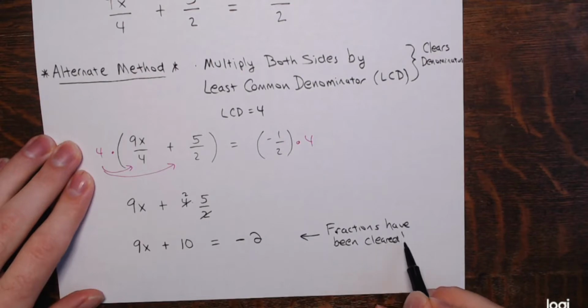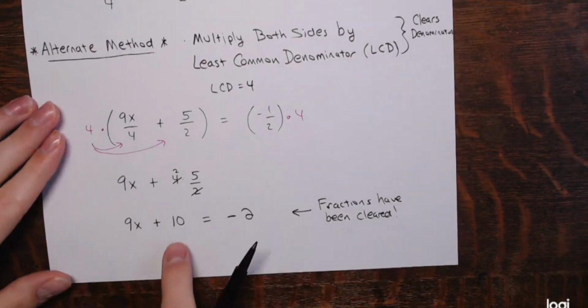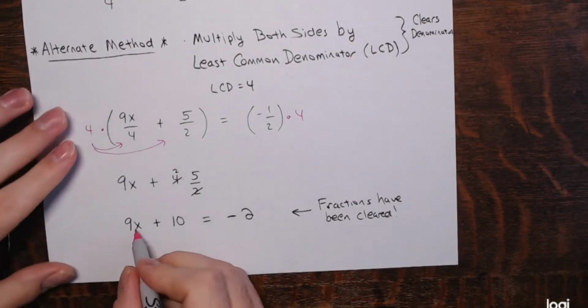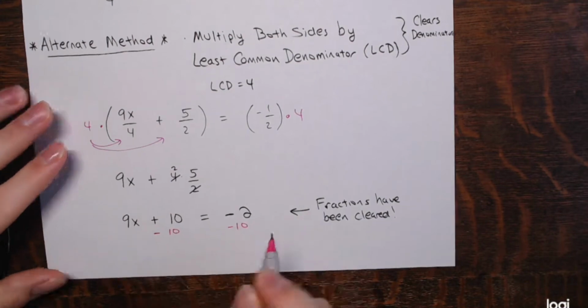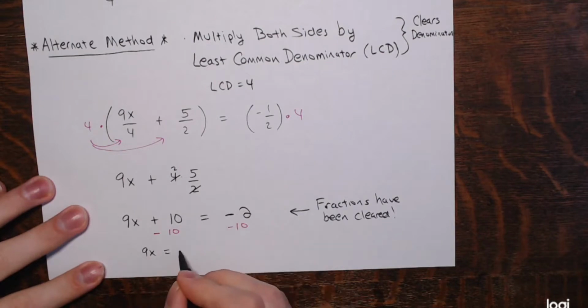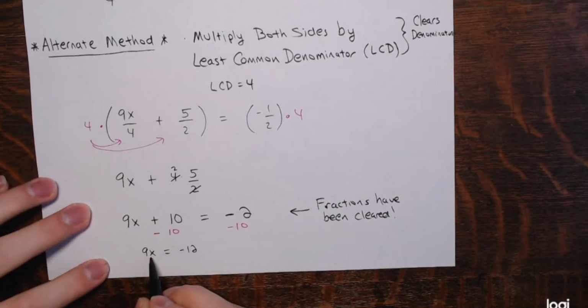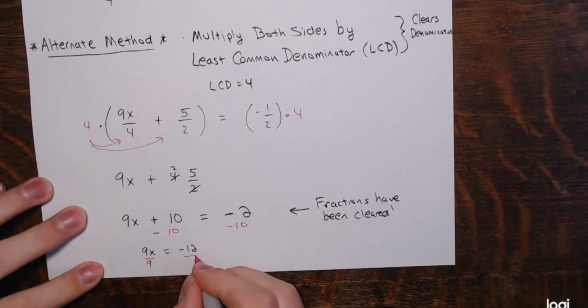And then I do the same steps I did last time, all right? Where I would get the terms with x on the left here, and then I'll subtract 10 from both sides. Now I have 9x equals negative 12, and then get the variable x to have a coefficient of 1 by dividing by 9 or multiplying by 1/9.